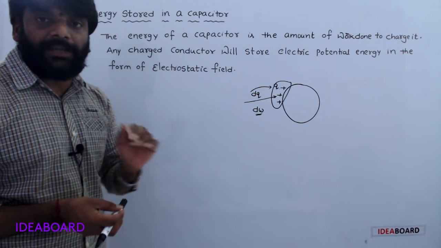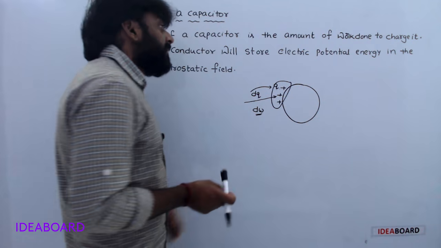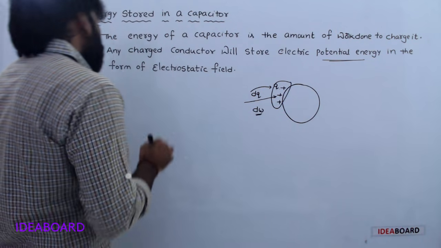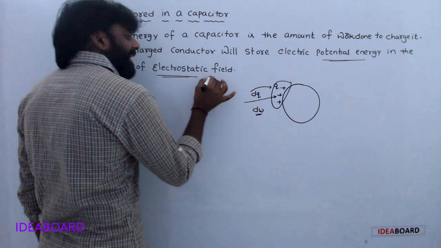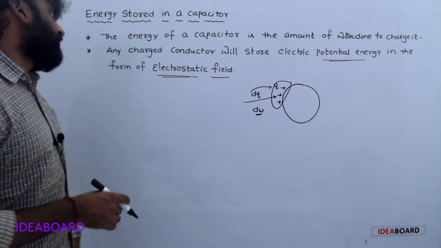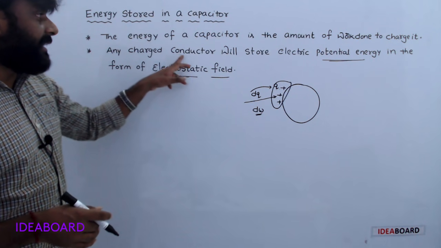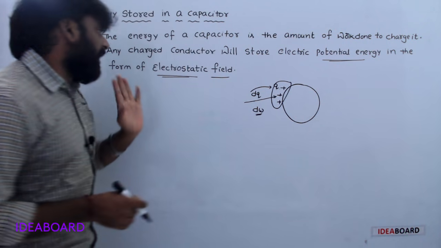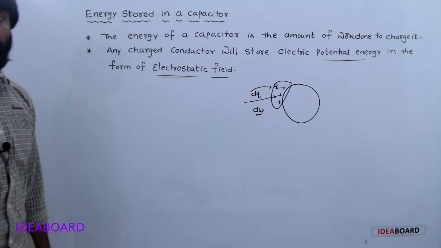You know that clearly. Understood? So here the potential energy is stored in the form of electrostatic field. Any charged conductor will store electric potential energy in the form of electrostatic field.